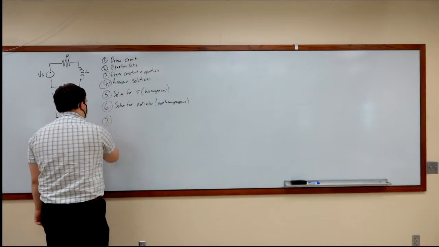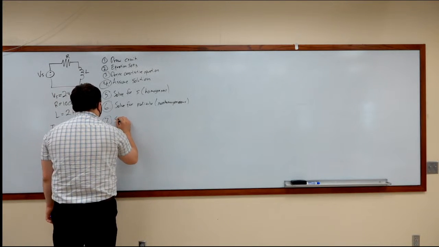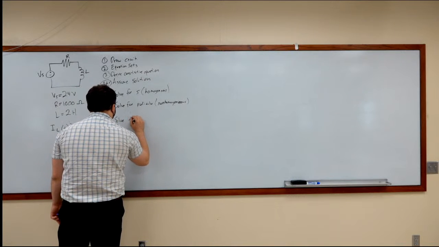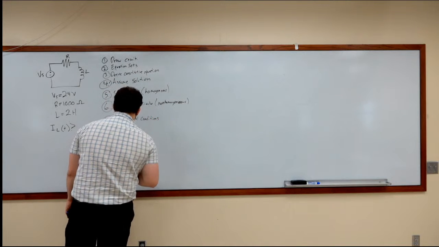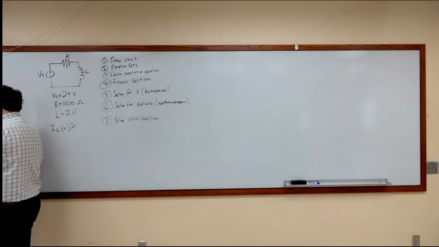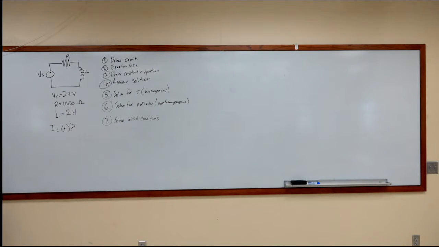And then step 7, which is solve initial conditions, which will give you your transient solution, scalar A1. Okay, there, now I have all 7. So these are the steps we used last time. These are the steps you use to solve every RC, RL, RLC circuit. LC circuits too. We use these same 7 steps.